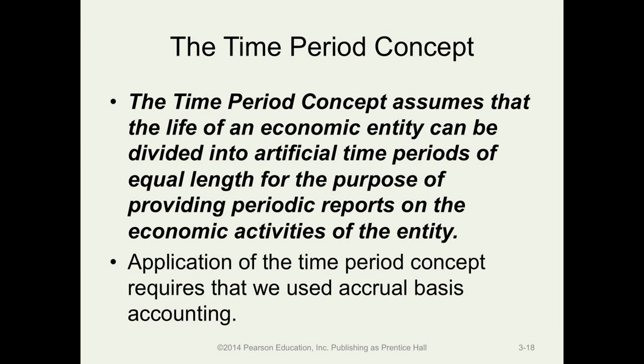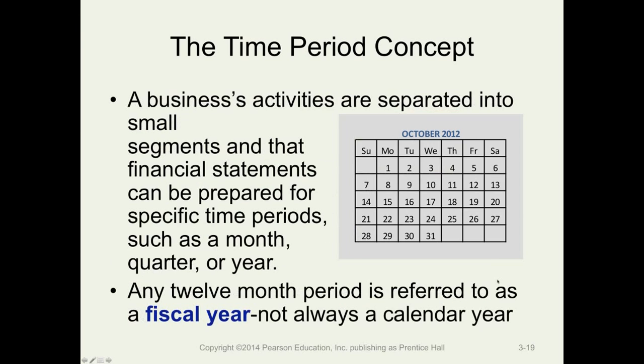By definition, and remember, this is an assumption because the life of the business really spans its entire existence, we assume that the life of an economic entity can be divided into artificial periods of time of equal length in order to provide reports regarding the economic activity of that entity. Applying the time period concept requires that we use the accrual basis of accounting.